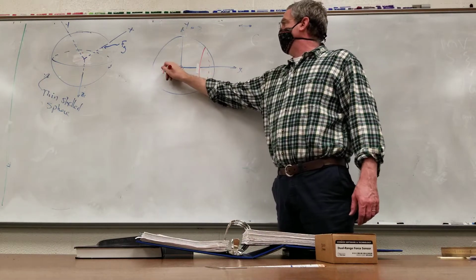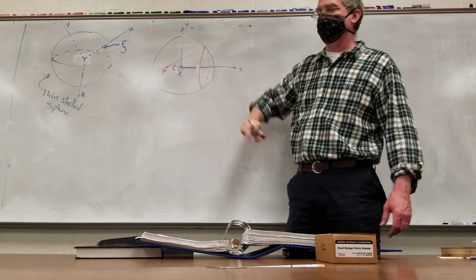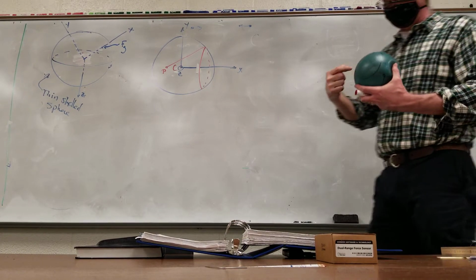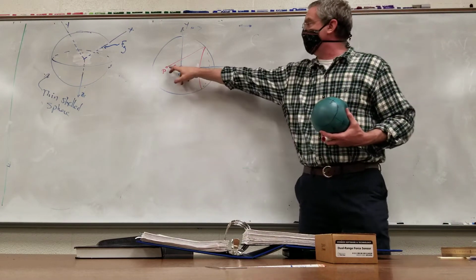All right, so I have this distance from my point P to this ring along my surface. So we have our hollow sphere here, we have something inside, and everything along this ring here is equidistant from this point.